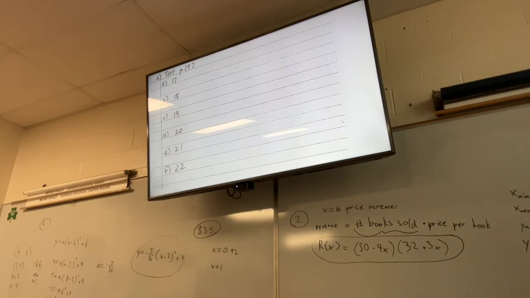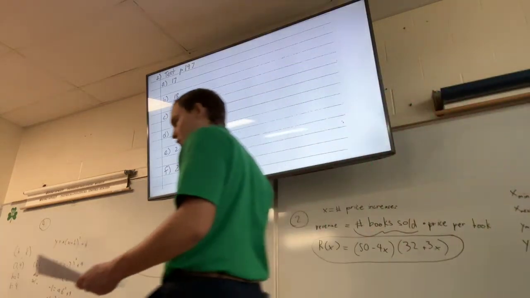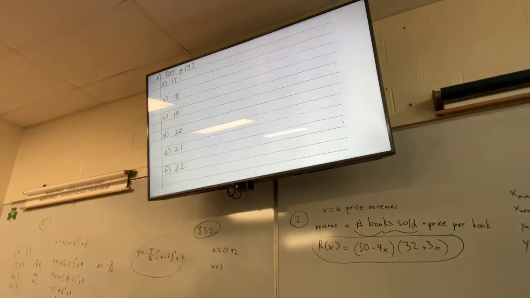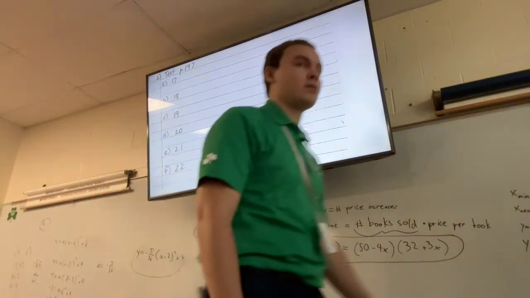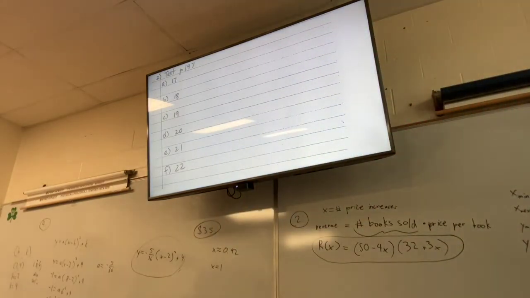Turn to page 197. We're going to do 17 through 22. Let me circle those for myself: 17, 18, 19, 20, 21, 22.